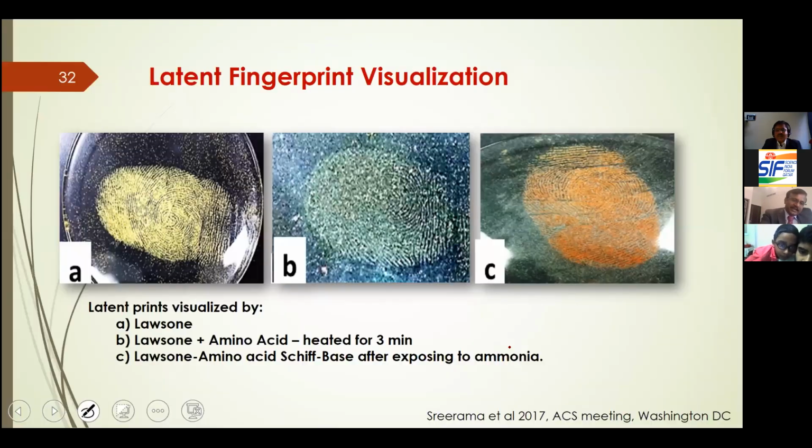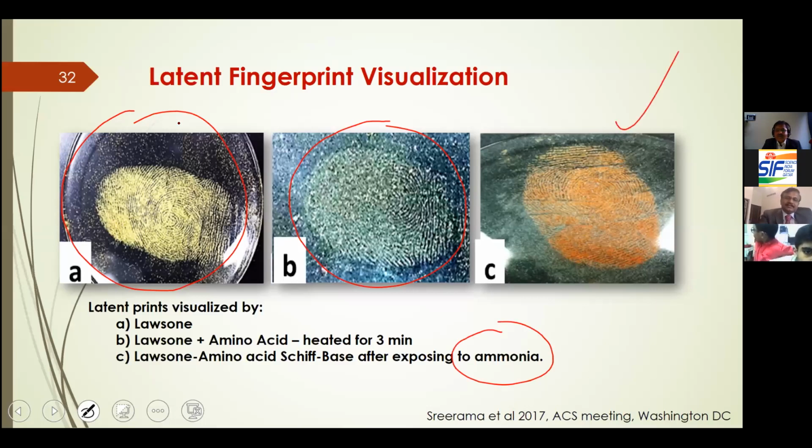So here is A, just Lawsone alone, nice yellowish to orange in color, and you add amino acids. Amino acids are colorless, white powder, and when it covers, you can see that yellow color is somewhat going away, and you heat it, and it changes color, and then you expose it to a little ammonia, it becomes bright red. Very nice.